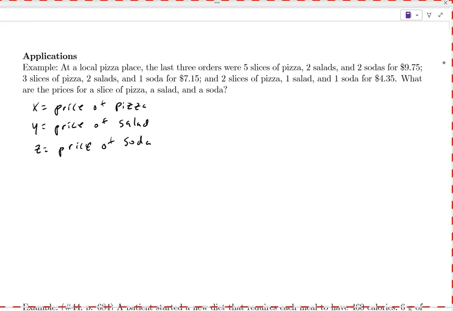We have 3 variables that we want to solve for. So how many equations do you think we need to set up? 3, right? If we're going to find a price for pizza, a price for salad, and a price for soda, we better set up 3 equations. Is there enough information in the problem to set up 3 equations? Yeah. What's the first one going to be? Good. So 5x plus 2y plus 2z equals 975 is 1.